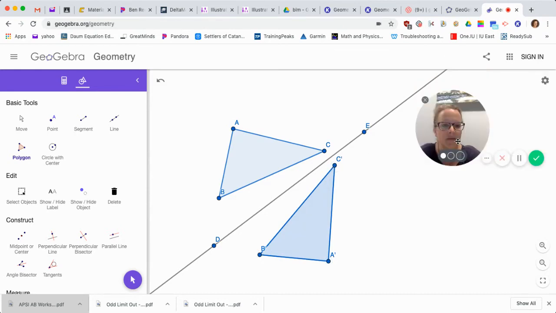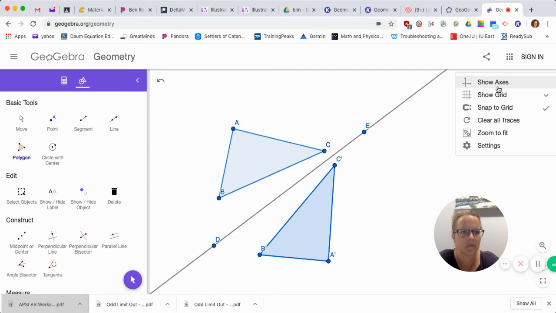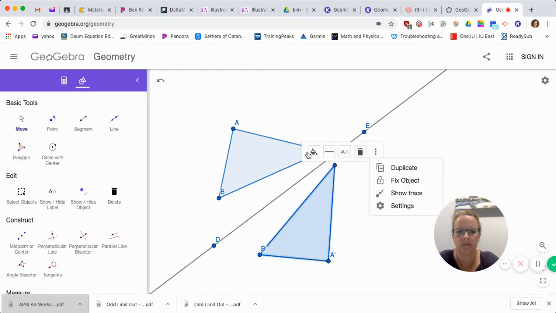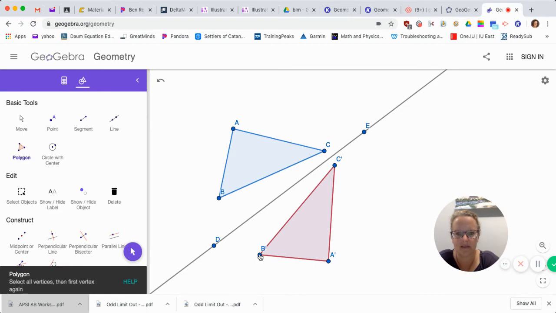Maybe. Oh, I have to move my head. I was hoping to color it. Oh. There we go. Now I thought I could make another polygon.